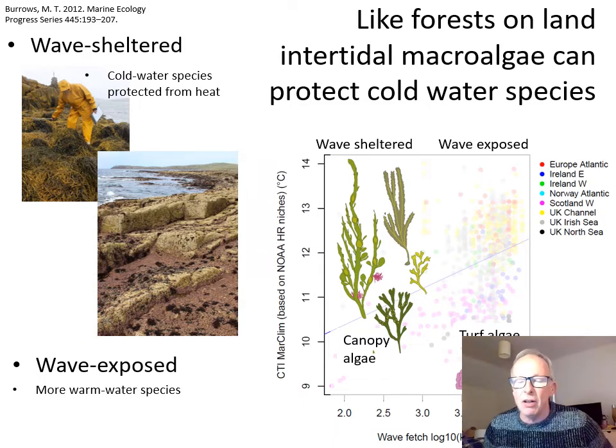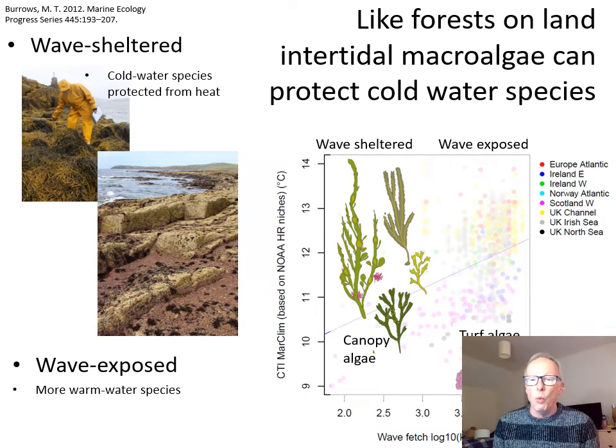And we can see that on our rocky seashores, in that the sheltered places where there are thick, luscious canopies of brown algae like Ascophyllum, egg wrack, and the other fucoids, tend to have a greater proportion of cold water species than those places in more wave-exposed conditions where there is no protection from the heat of the sun.